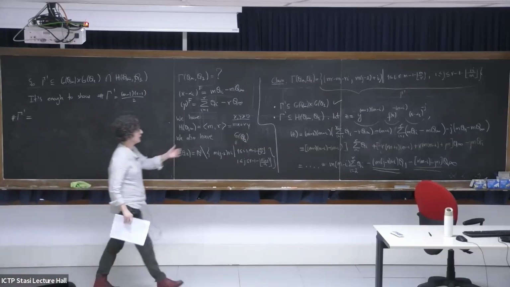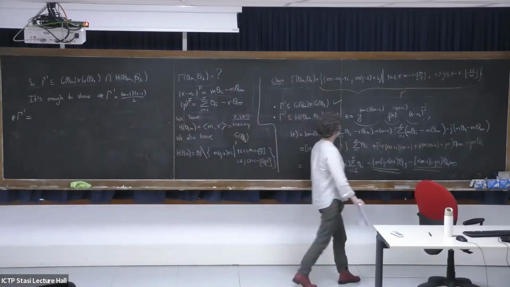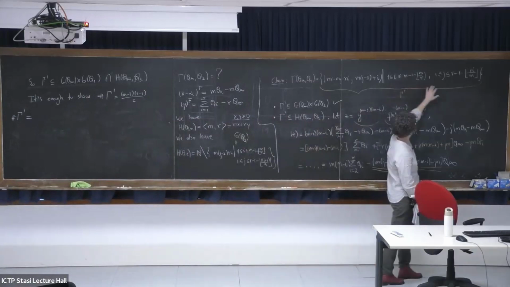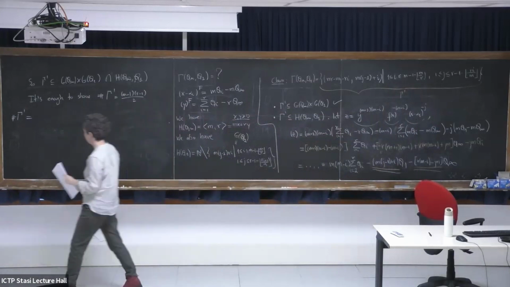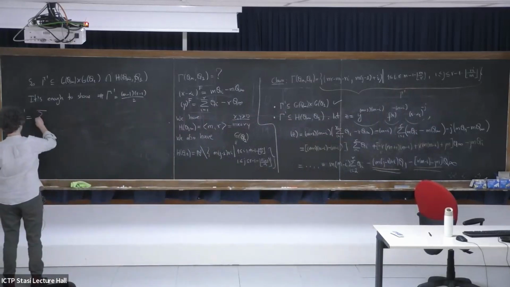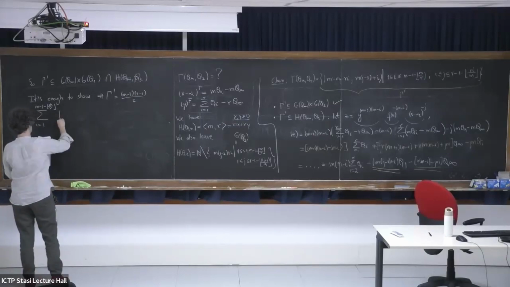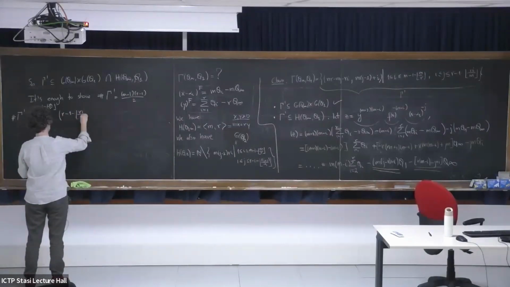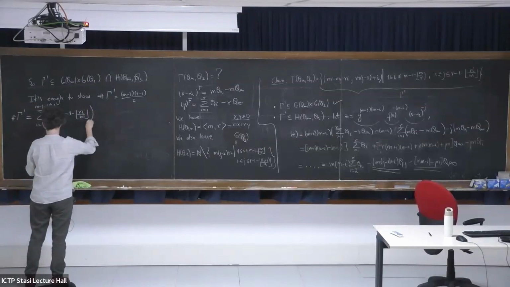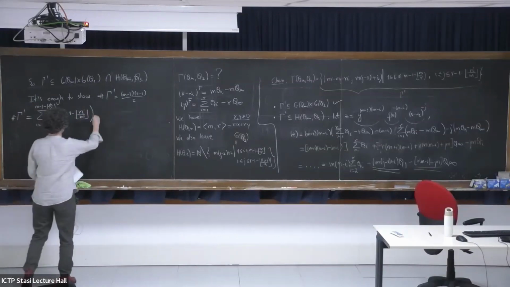So gamma prime is this guy. So for each I, we have a J varying here. So we have the sum for I from 1 to M minus 1 of minus the floor of M over R minus 1 minus Ri over M. Okay.